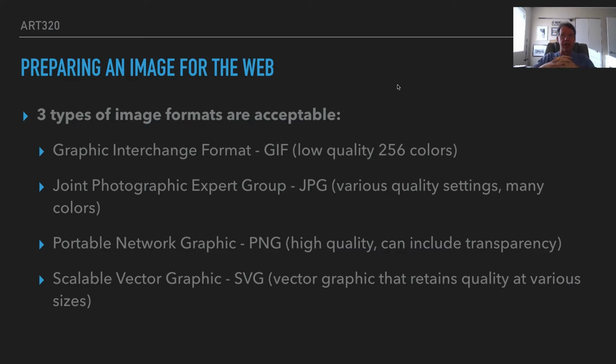And then the last one, this needs to be included in the lecture, but it doesn't really qualify. And I'm going to explain why I believe that two slides down. And that's the scalable vector graphic. It's an SVG. It's the most recent. It's a vector graphic, and because of that, it retains its quality at various sizes.